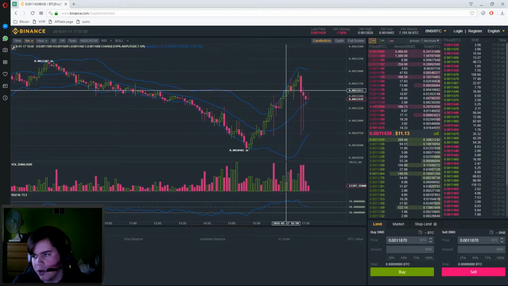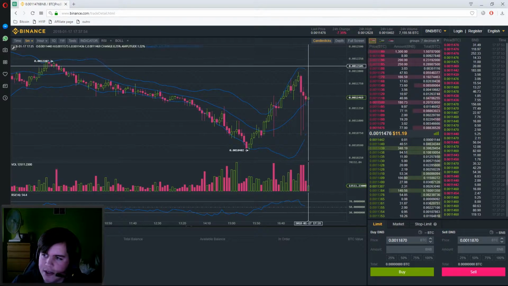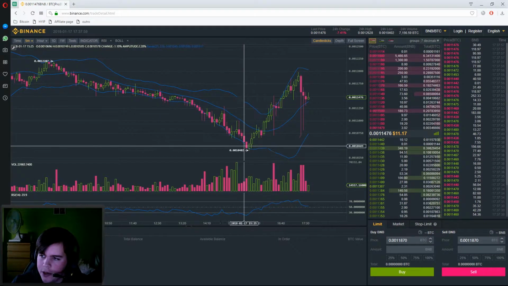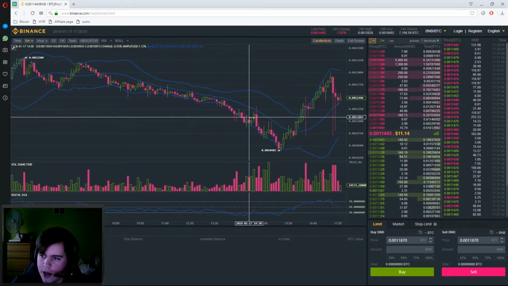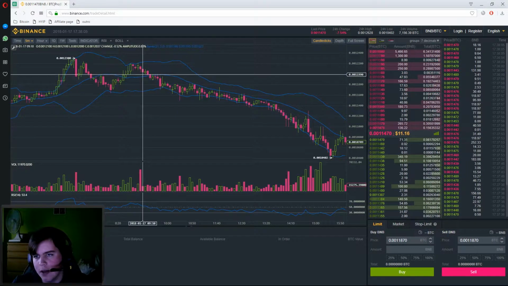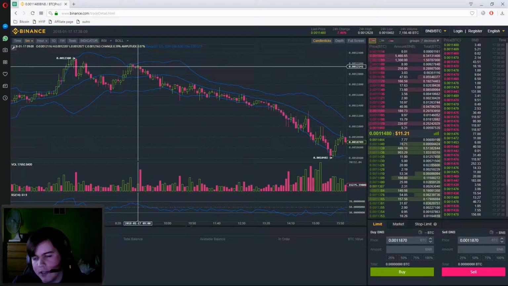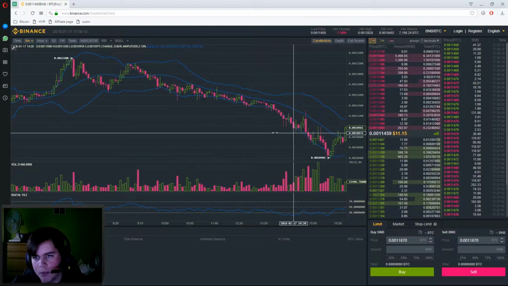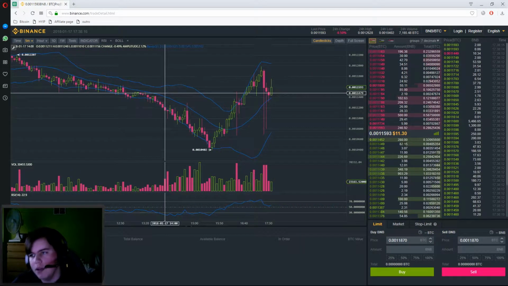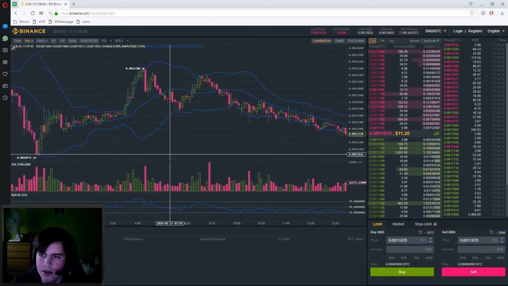If the market is going up, the top one will be the resistance level, and the middle one and the lower one will be support lines. When the market is going down, the top one and the middle one will be resistance levels, and the lower one will be the support level. So you have to keep that in mind. If we see here, it also happens here, you see.